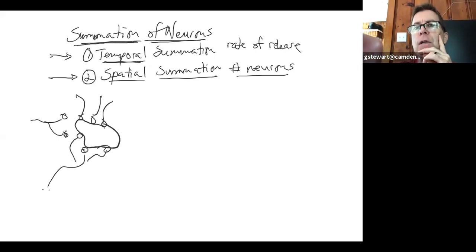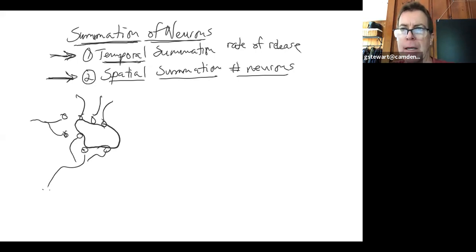So in this one, we increase the rate of release of neurotransmitter. This one, we increase the number of neurons stimulating the postsynaptic cell. Both of those may increase, depending on the situation, or decrease the stimulus, the ability of that postsynaptic cell to reach threshold.